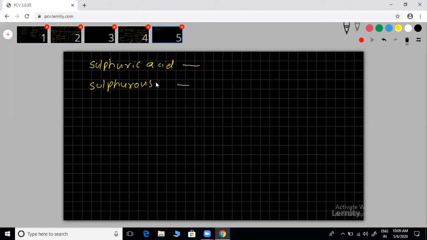Sulfurous acid. Next, nitrous acid. Mostly we won't get spelling mistakes. Nitric acid. I need all these formulas. Clear? Next, phosphoric acid.